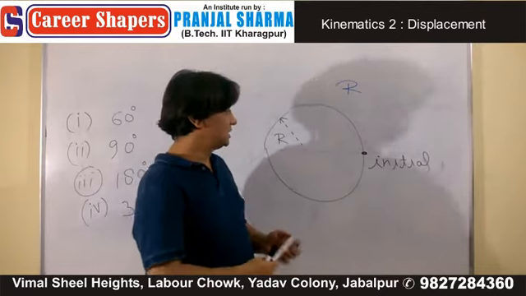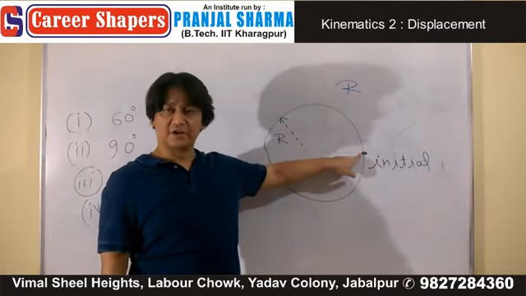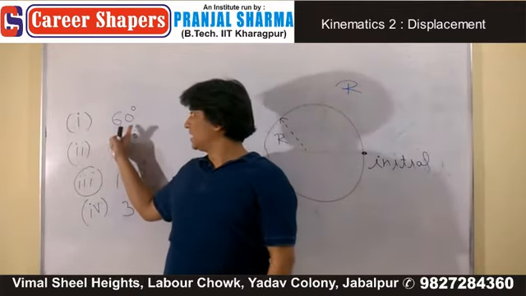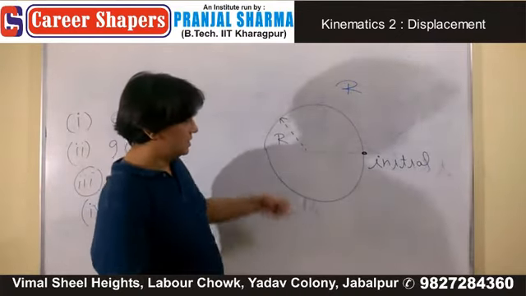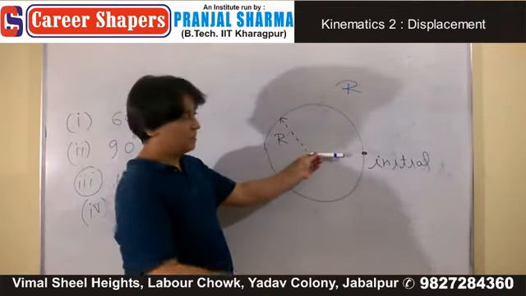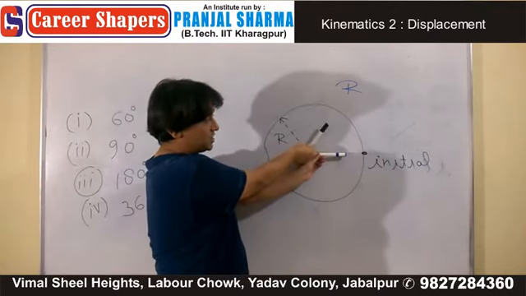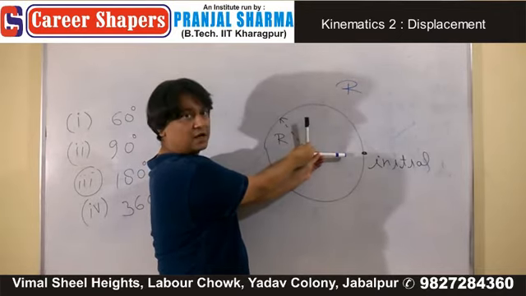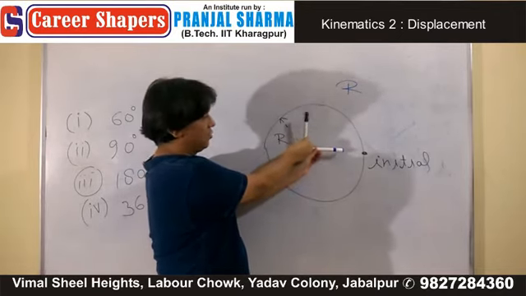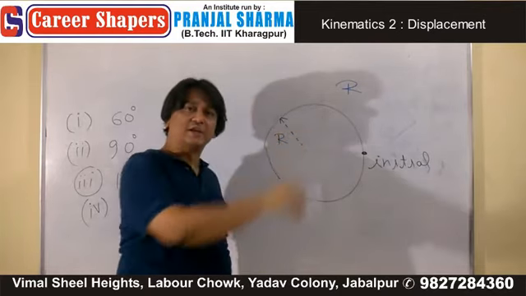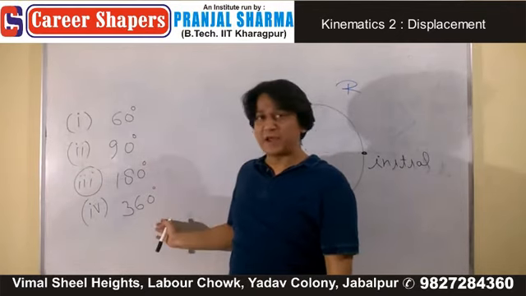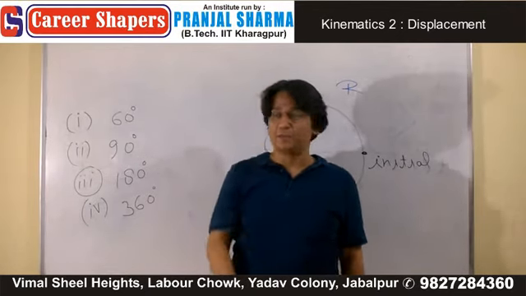The question is, it started from this point, that's the initial point. When the angle is 60, this is the starting point. If it reaches this position, what is the angle? 60. That's the first part. Then 90, 180, and 360. Let's see what you know about these basic things, and then I will help you.